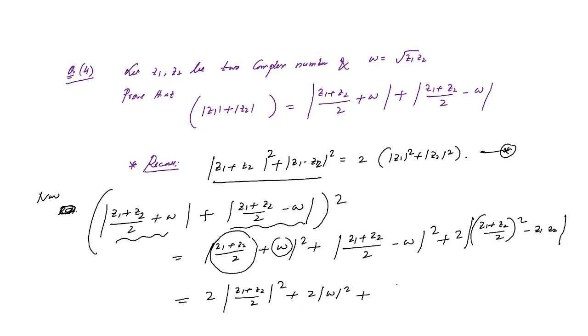So 2|w|², and the second part as usual I will write in that format: 2|z1 + z2|² minus 4|z1 z2| by 4. Here we use the formula, and then the calculation will be again more simple.